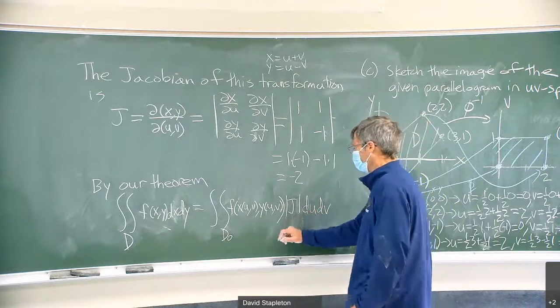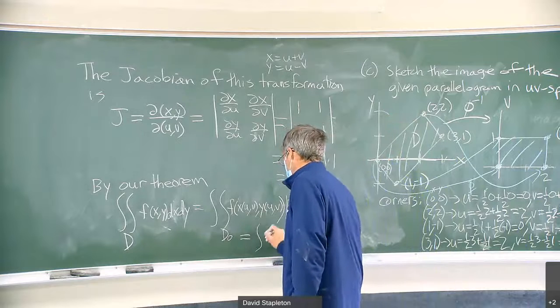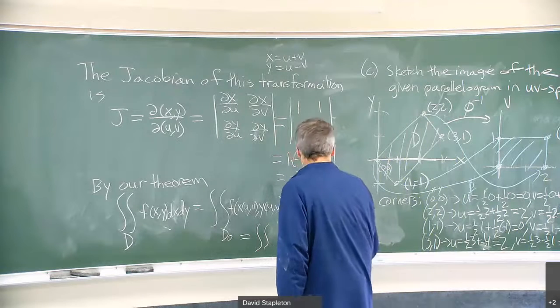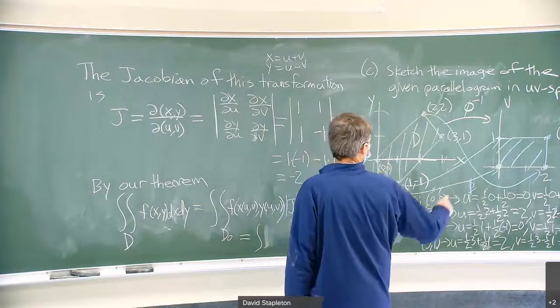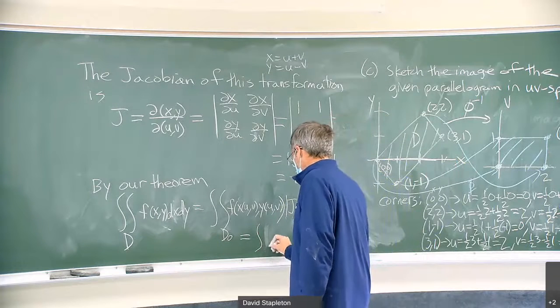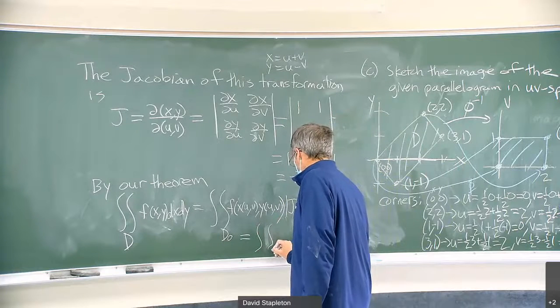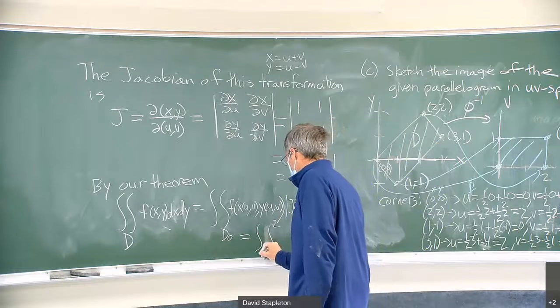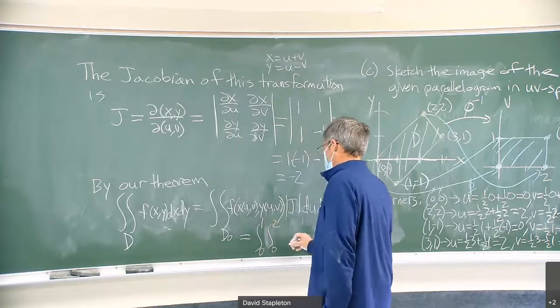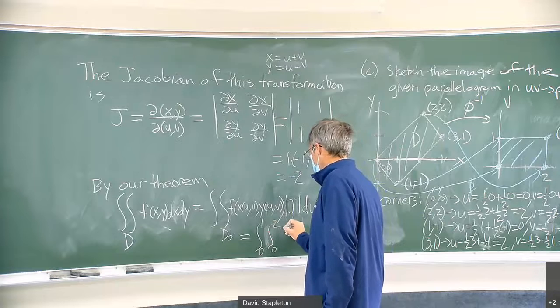And so for this particular transformation, we can rewrite it as a double integral over this region. U goes from 0 to 2, and V goes from 0 to 1. That's the region here of whatever integrand we have.